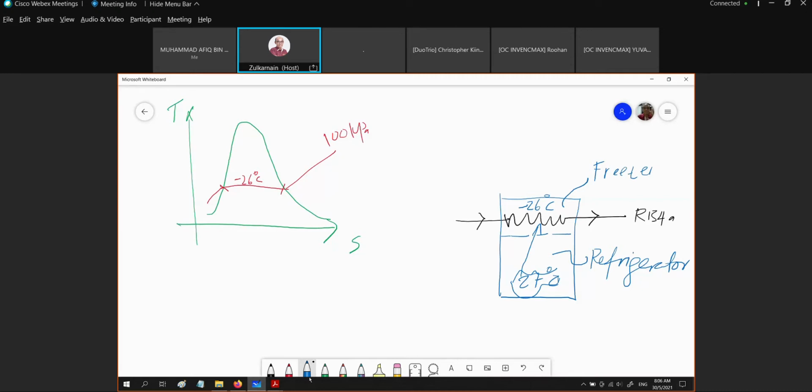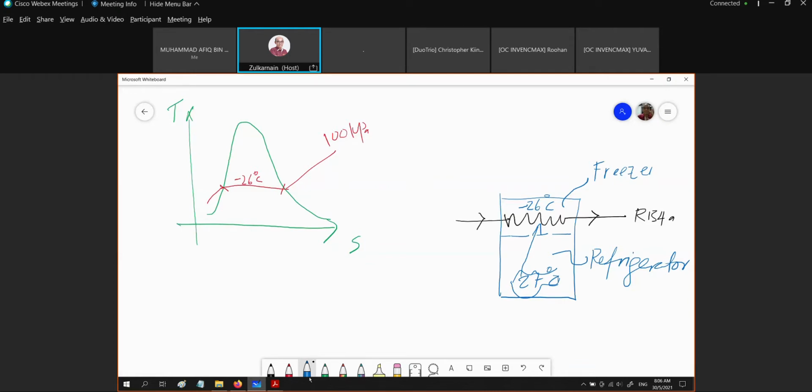We put it inside this evaporator side, or the freezer side. Any food or material that we don't want to freeze, we put at the bottom part. There is still a cooling effect, but not as much as in the freezer part, because the freezer part is the coldest, right? The minimum temperature that we could have.